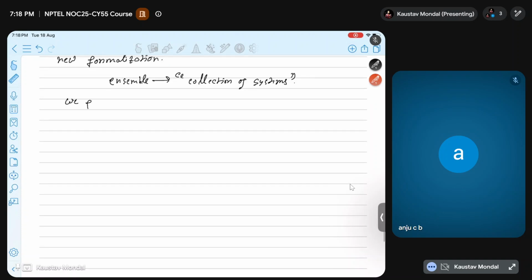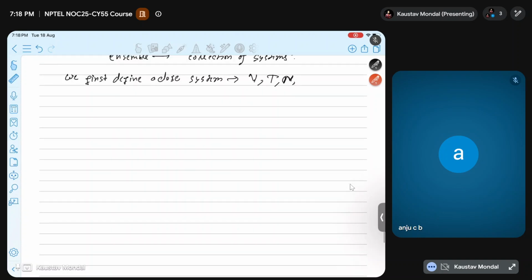So we first define a closed system with a particular volume, temperature, and number of particles, N, V, T. These are fixed. Next we replicate the system, let's call it n tilde number of times.